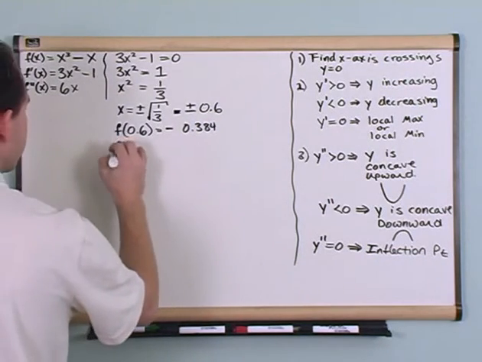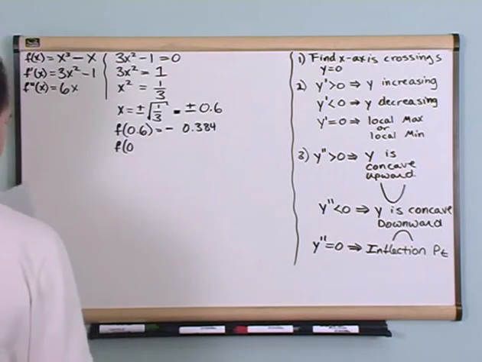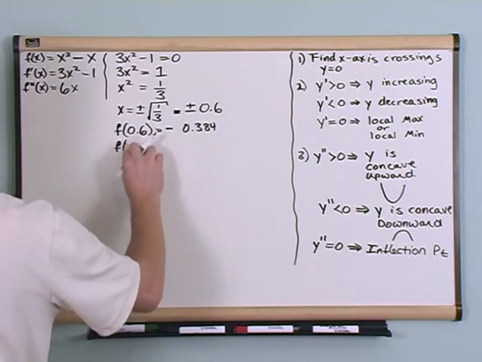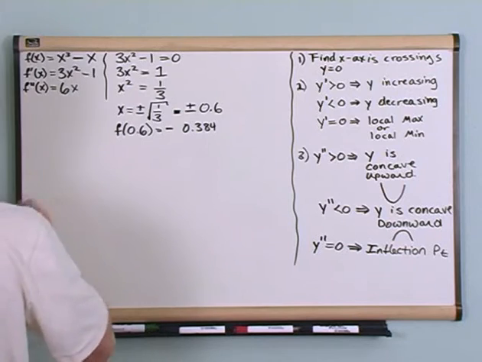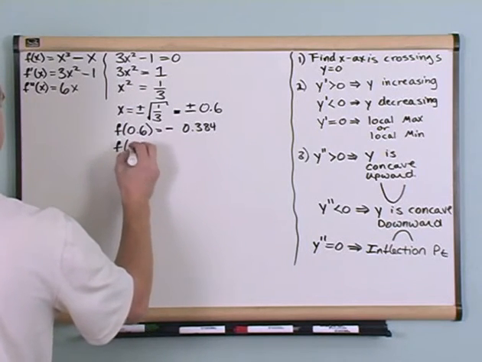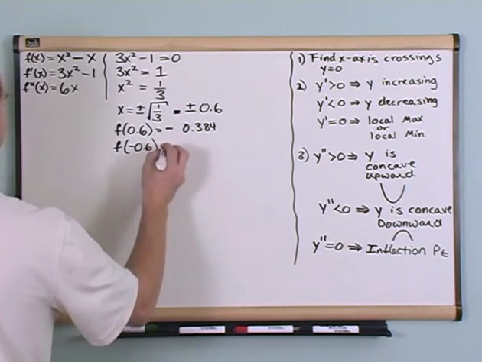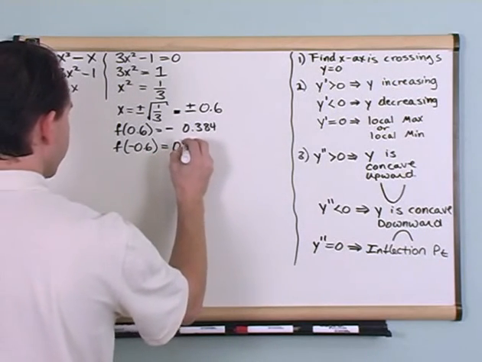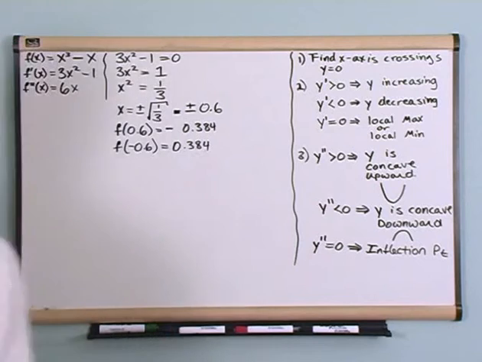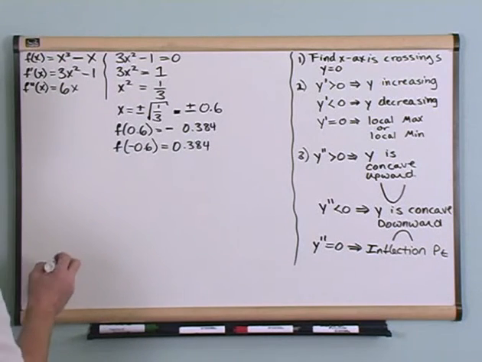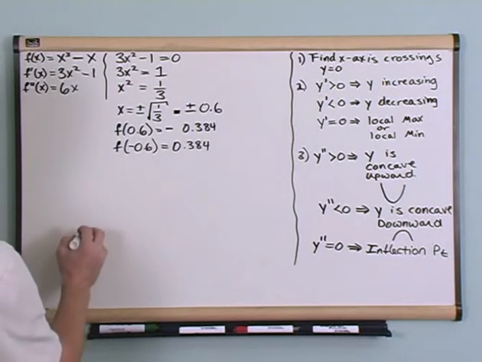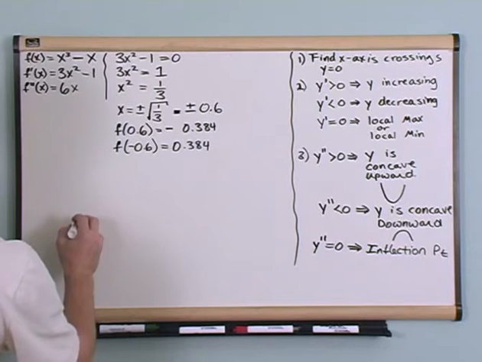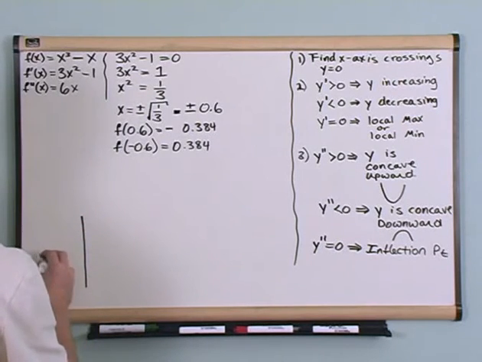And then when you put in negative 0.6, f of negative 0.6, what you will get is a positive 0.384. Now, we're definitely not done yet, but we have enough to get started plotting this thing. So down here at the bottom, I'm going to have a little graph kind of in the corner here.